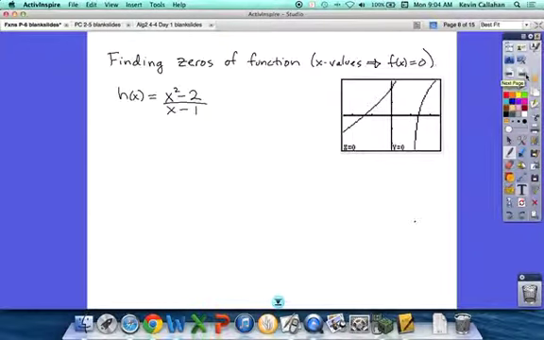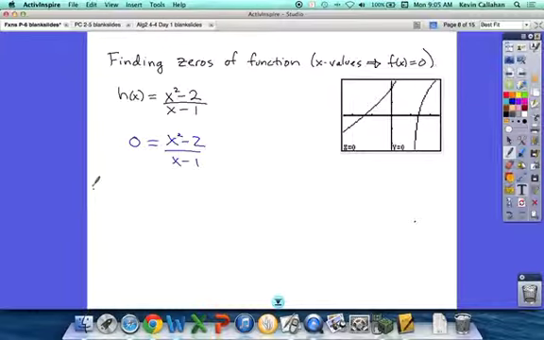All right, find the zeros again. In this case, and this is a particular case that should be easy, and we make it into something harder than it needs to be. But when we say find the zeros of this function, which is a rational function because it's a fraction, that means find the values of x that make x squared minus 2 over x minus 1 equals 0.